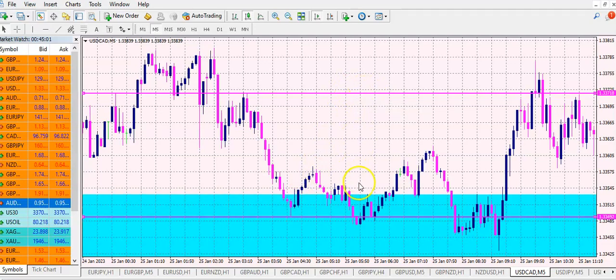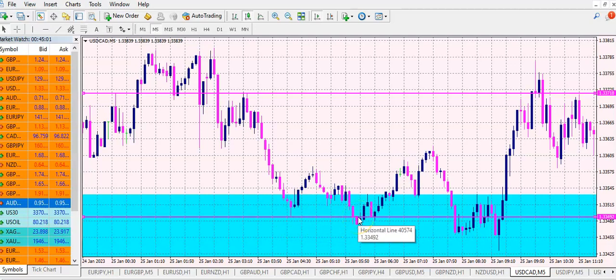then of course we would have looked for the order block that was responsible for the breaking of that resistance, to look for entry. But that did not happen. What happened was that there was a slight pullback, and eventually the support there was broken to the downside.